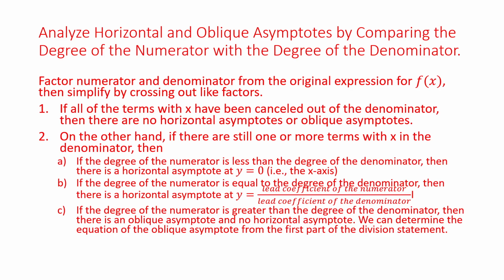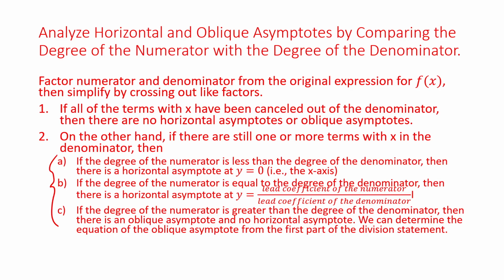We can determine the equation of the oblique asymptote from the first part of the division statement. And you might notice that when it comes to oblique and horizontal asymptotes, you only have one. It's either oblique or horizontal. That's all you've got in this part of the course.